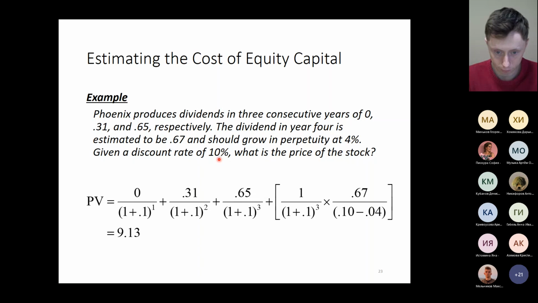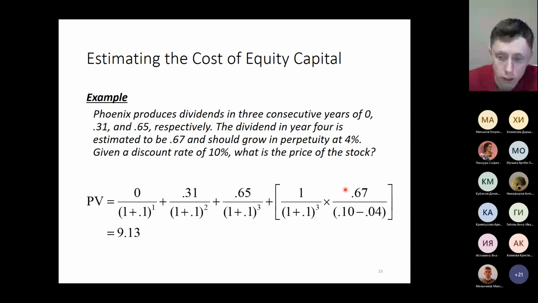Here it is. We just have the present value of each dividend payment. Then we have the final dividend, using which we would estimate the horizon price of the stock, and then we have to discount it. We discount at the rate of 3.